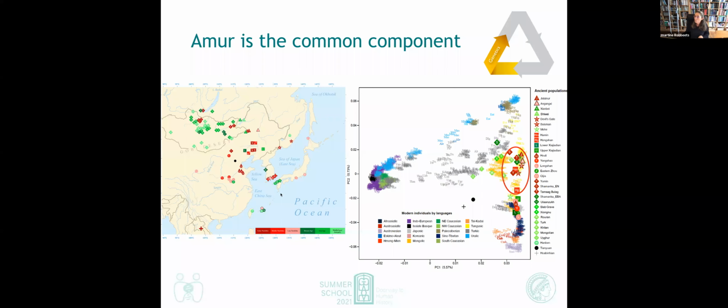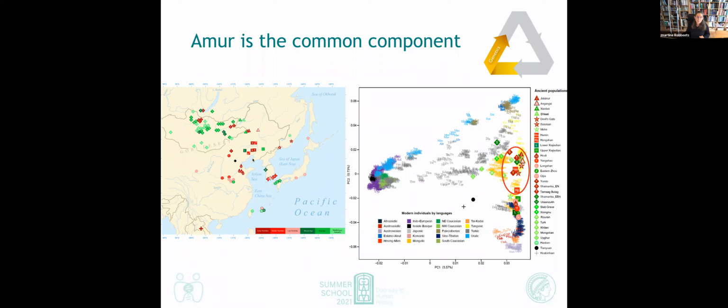And we combined them with pre-existing samples from the eastern steppe, the Yellow River region, and the Primorye. Our samples range from early Neolithic, 9,000 BP, to the Bronze Age and the Iron Age.